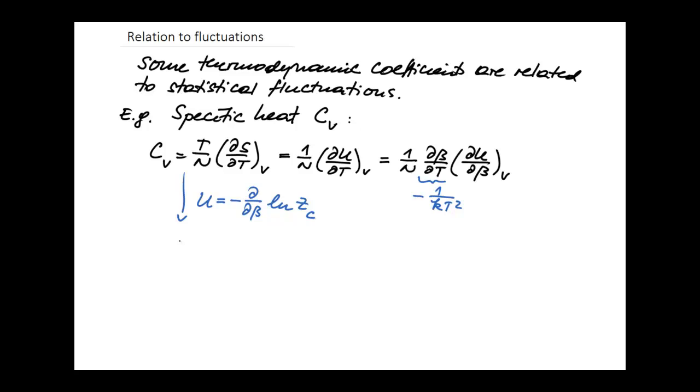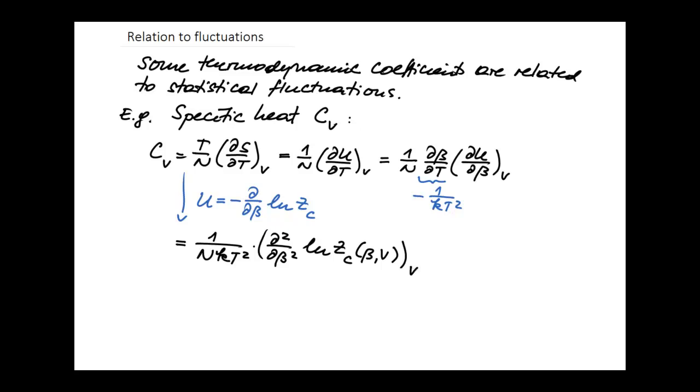So in fact, this is nothing but 1 over N kT squared times the second order partial derivative with respect to beta of the log of the canonical partition function, which, I write it explicitly, is a function of beta and volume, and you take this partial at constant volume.